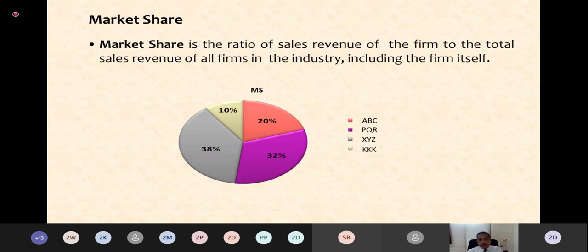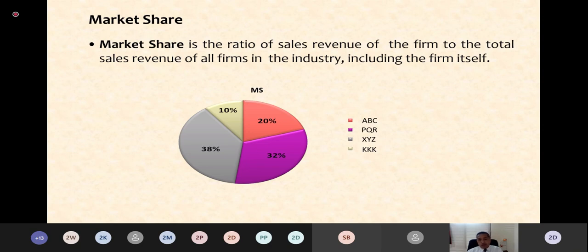So in the industry, what is the total sales and how much is our share? How much sales revenue our company is generating as compared to all the other companies present in the particular industry.